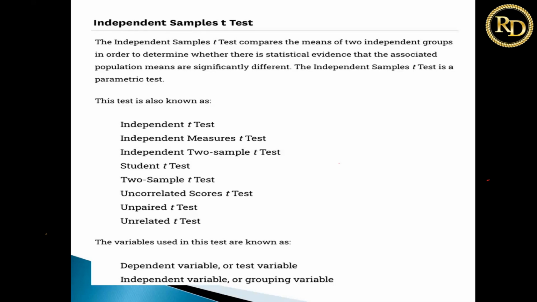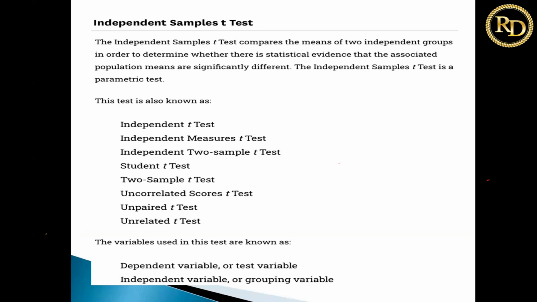Okay, now we come to the independent sample t-test. Here we are moving one step ahead. Before, we tested only the one sample t-test. Now we are testing the independent sample t-test. It means we are testing the equality of means of 2 independent populations.